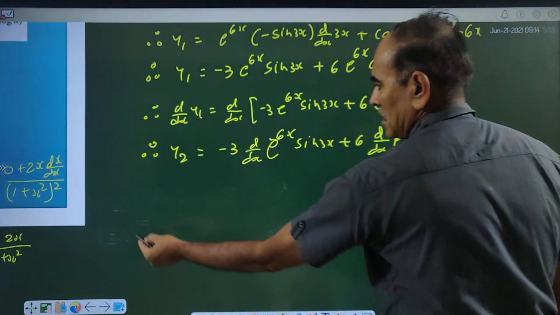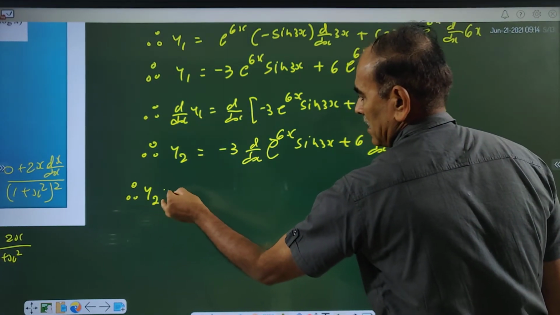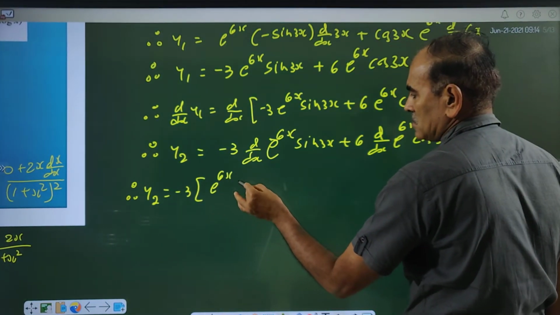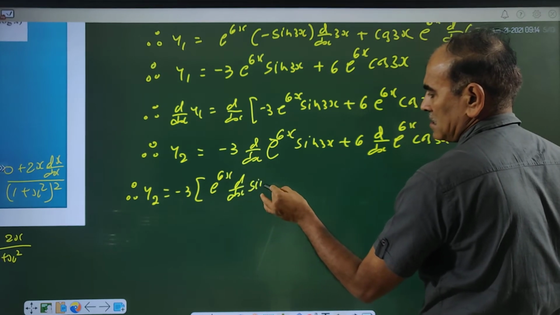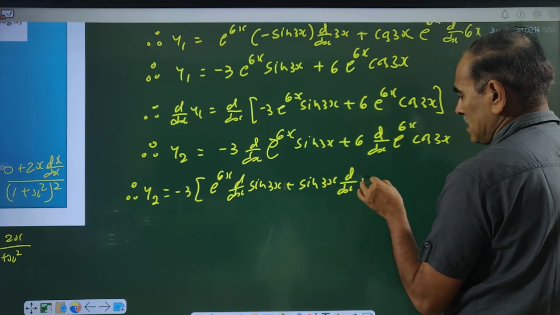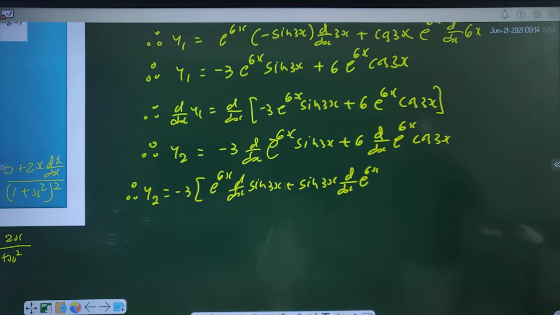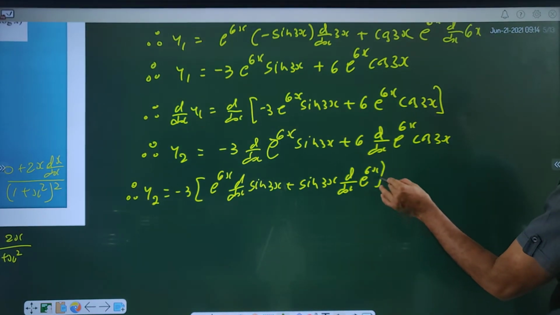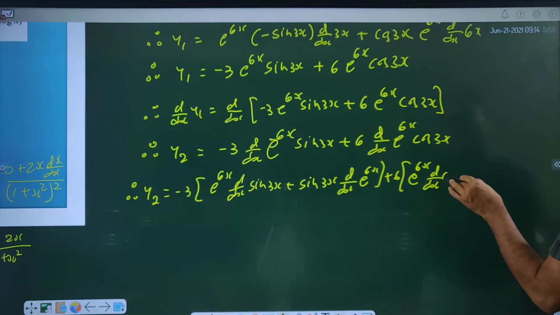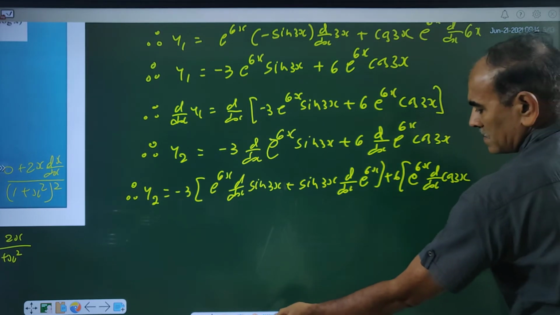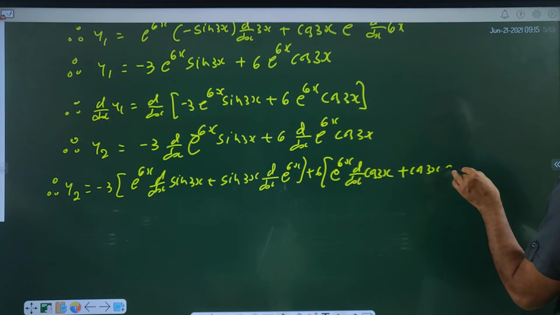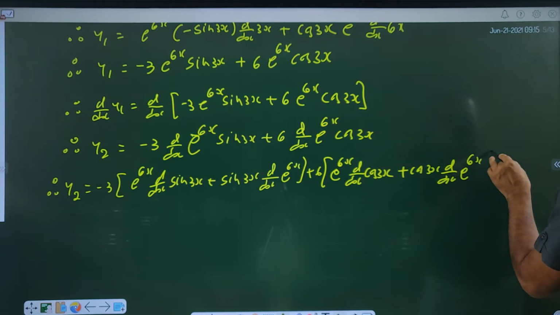And therefore y2 is equal to minus 3. Apply product rule: e raised to 6x, d by dx of sin 3x, plus sin 3x as it is, d by dx of e raised to 6x, plus 6 e raised to 6x as it is, d by dx of cos 3x, plus cos 3x as it is, d by dx of e raised to 6x.